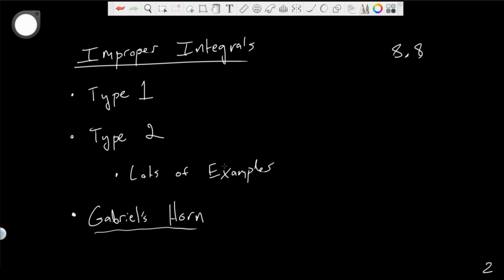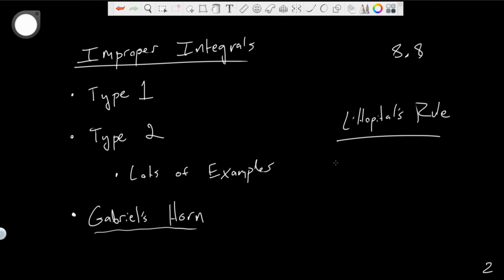But yeah, improper integrals, and we can make these hard, believe me. One thing we didn't talk about is why we do L'Hopital's rule right before improper integrals, because this might show up in some of our examples.